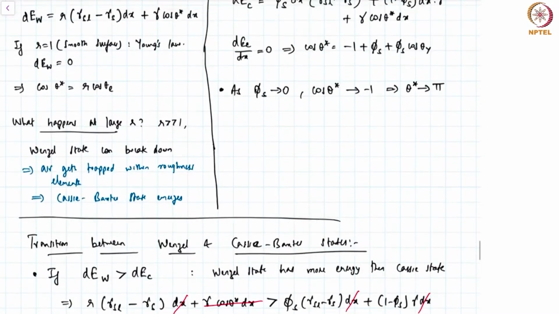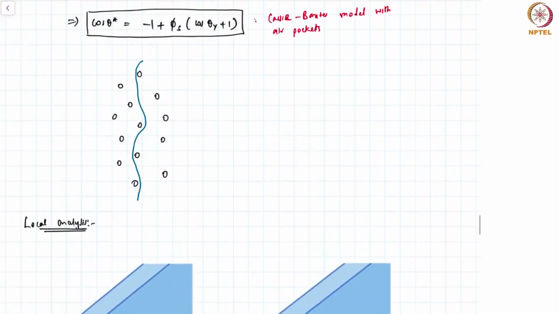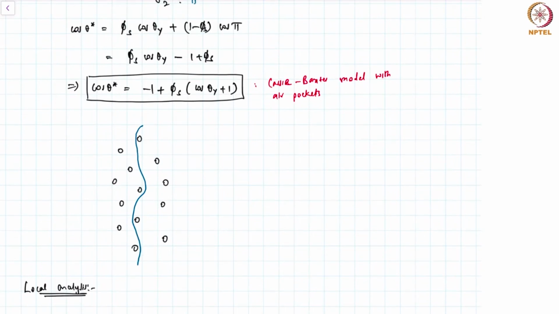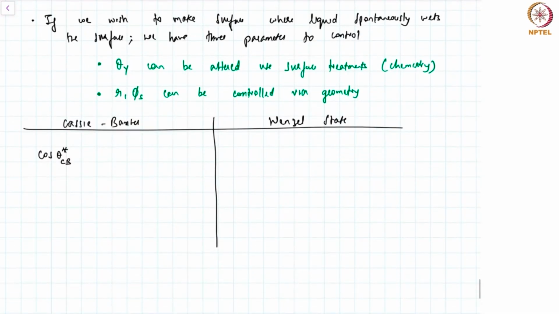We had minus 1 plus phi s into cos theta y plus 1. So it is minus 1 plus phi s into cos of theta y plus 1. And what was the equivalent in the Wenzel state? Let's call it W. In the Wenzel state, we simply had r times cosine of theta y.